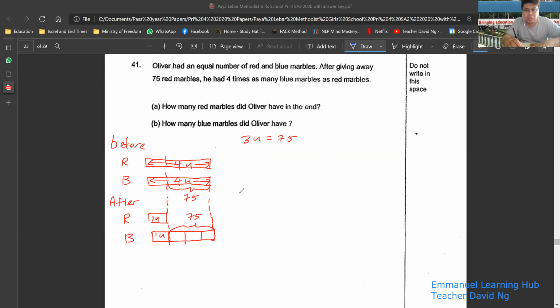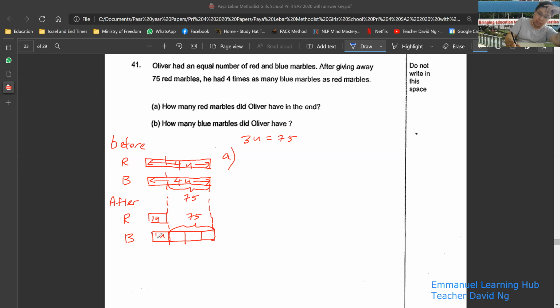So how many red marbles did Olivia have in the end? What must you do? From the model, you can tell that in the end, how many units of red marbles is left? 75 is the number of 3 units.